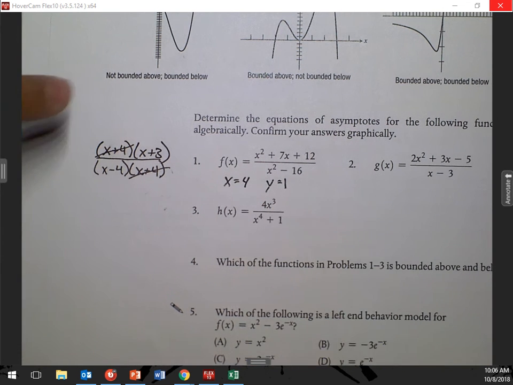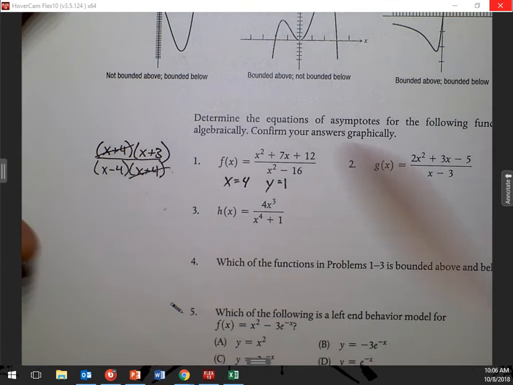Okay, so now let's go ahead and take that calculator and confirm your answer graphically.